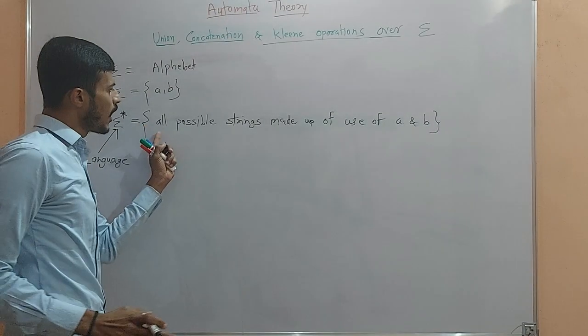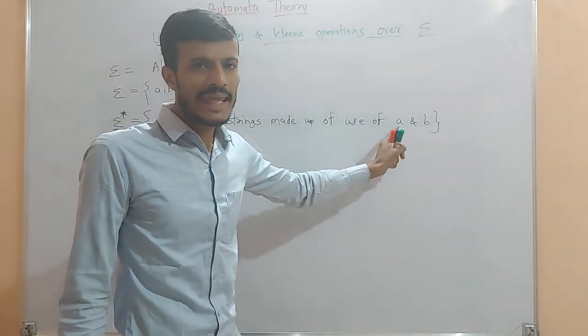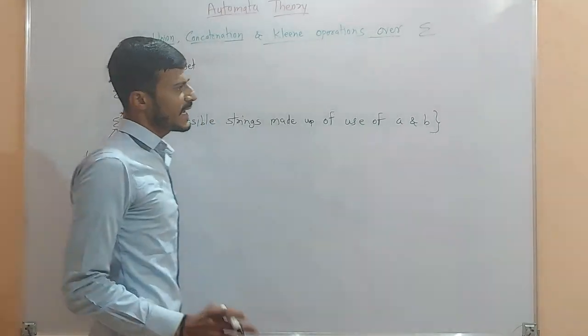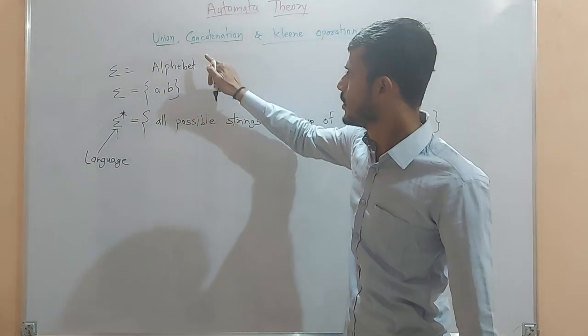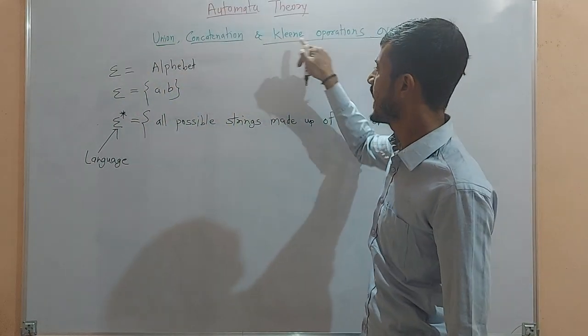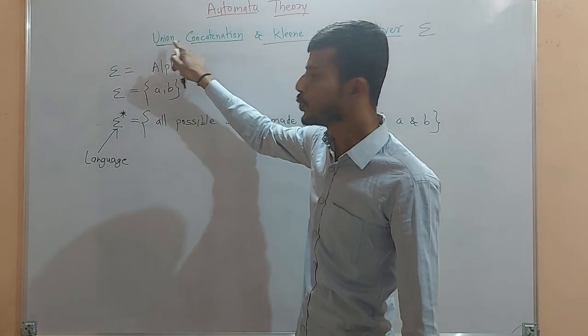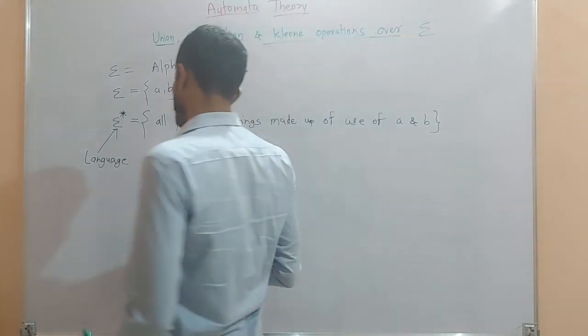It is nothing but all possible strings made up of A and B. While using A and B, we are going to perform these operations: union, concatenation and Kleene operation. Actually, this language has union, concatenation and Kleene. We will see one by one how it works.